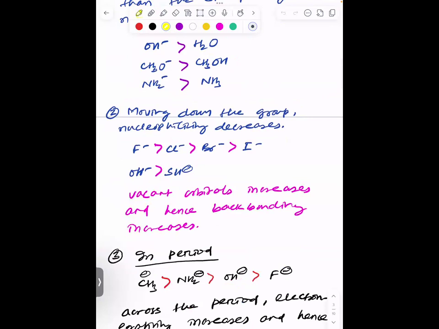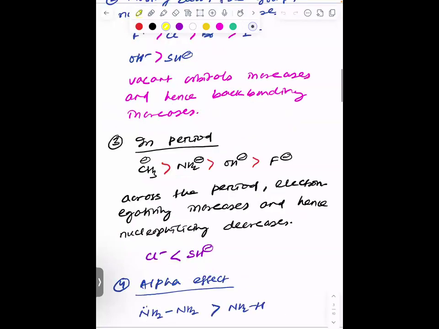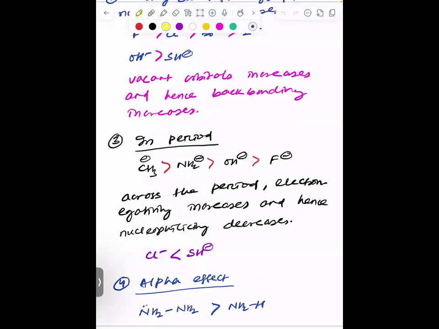Then second, in a group, moving down the group, what is happening? Moving down the group, nucleophilicity decreases, as the vacant orbitals increase and backbonding increases, then charge density decreases. Next, moving across the period, atomic size is almost comparable, so size criteria will not apply; electronegativity criteria will apply. The more the electronegativity, the lesser is the tendency to donate the electron, and hence lesser is the nucleophilicity.